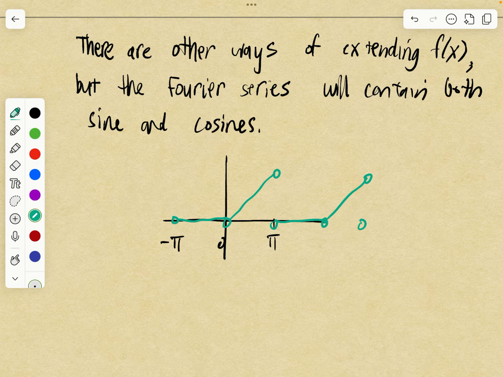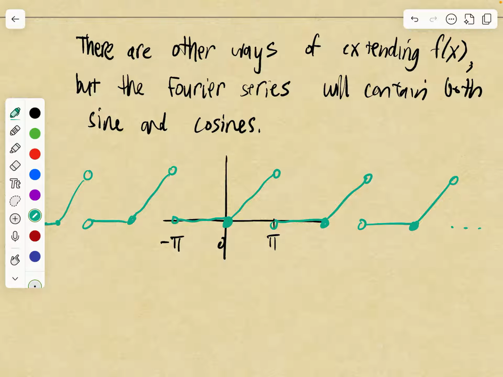So it's going to look like this. It just goes on forever. You can even fill it in here. And it just goes on forever like this. But the Fourier series of this will involve sine and cosine terms.